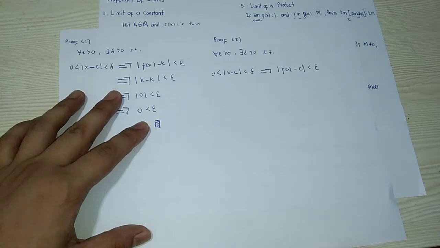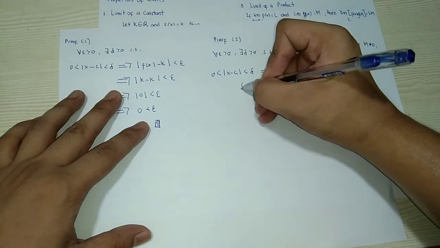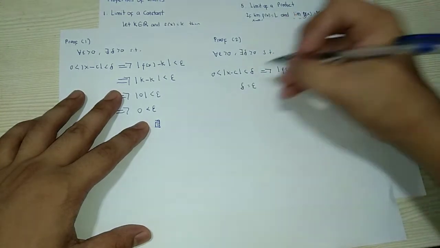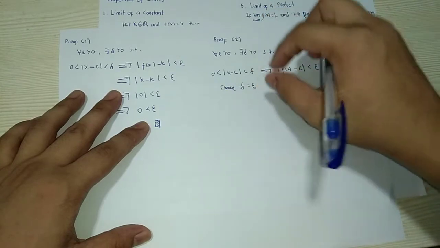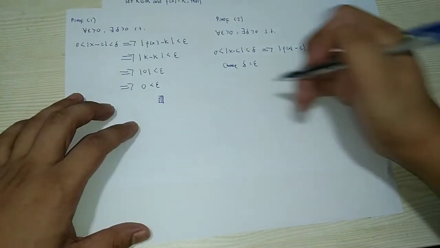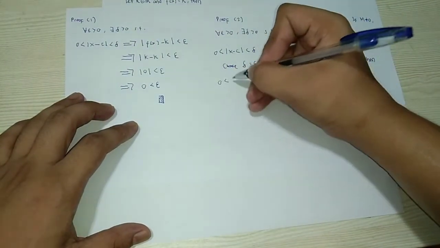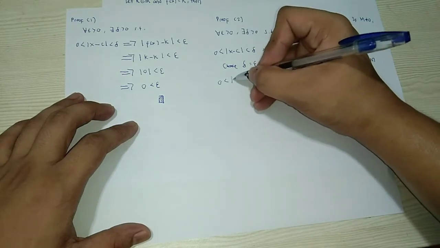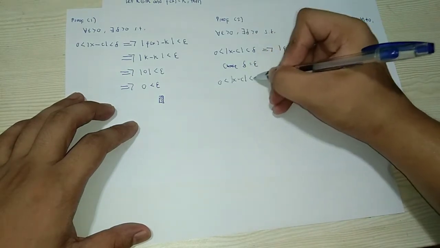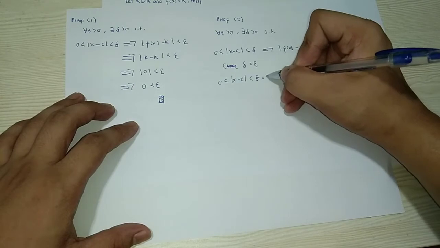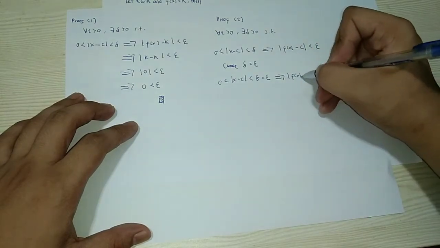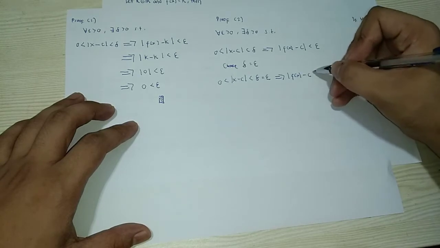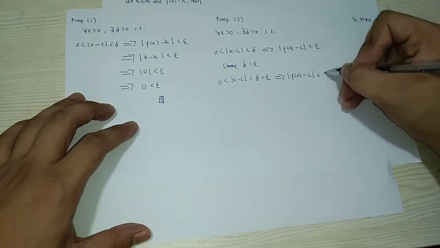Okay, now since delta is arbitrary, so let's choose delta to be equal to epsilon. So that means 0 less than absolute value of x minus c less than delta, which is equal to epsilon, implies absolute value of f of x minus c less than epsilon.